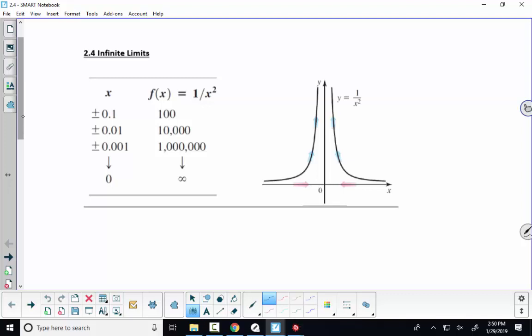So as x approaches 0, f of x approaches L. Our limit statement for that, just as a reminder, would look like this. The limit as x approaches 0 of the function 1 over x squared is equal to infinity. So that is one example of an infinite limit.